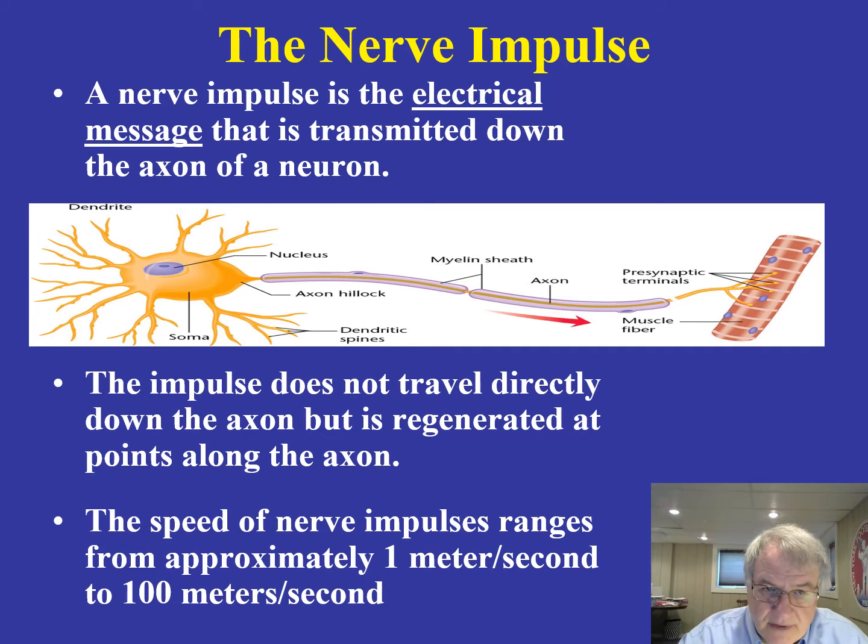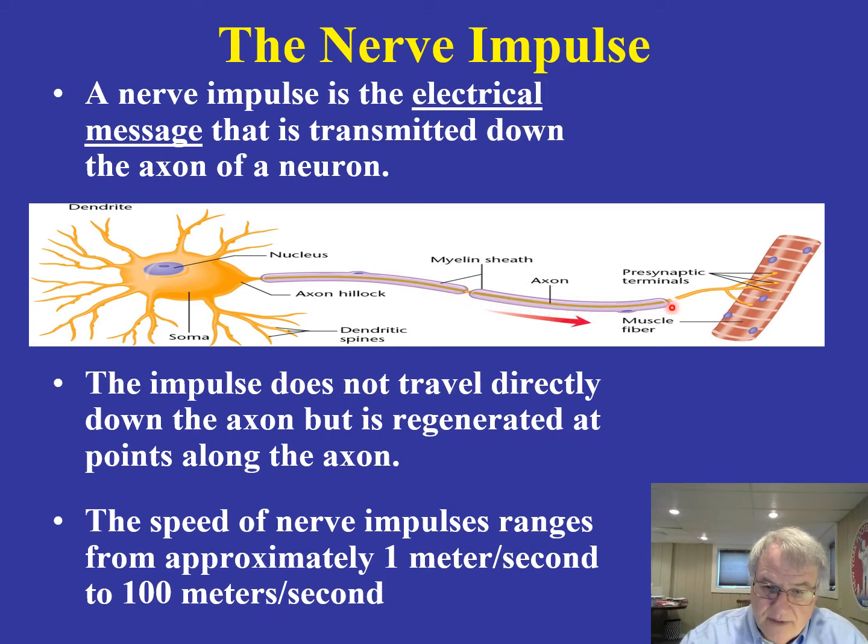So here is again our motor nerve that you see in this diagram. There's an electrical message that's being transmitted down this axon from this axon hillock area. It's being transmitted down the axon to this presynaptic terminal area, and it's just traveling in this direction that you see here.